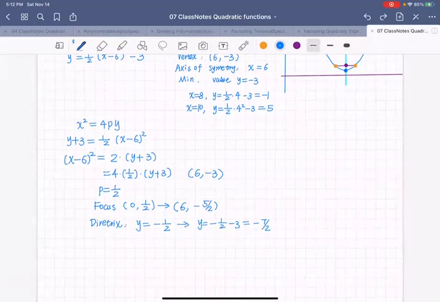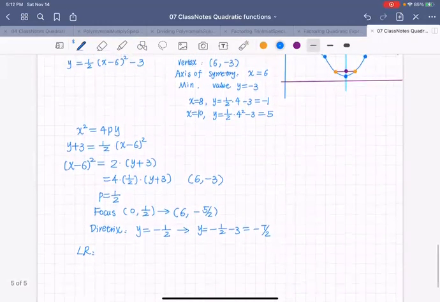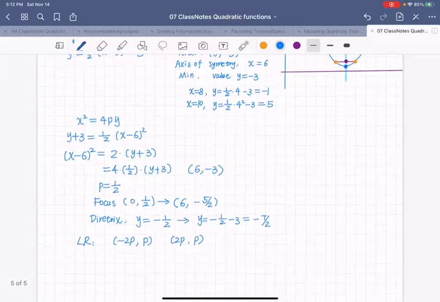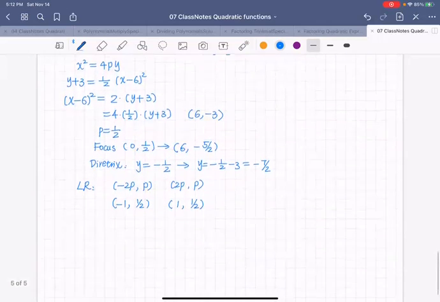Latus rectum, you can simplify it as LR. The left one used to be negative 2p and p, and then 2p and p. Negative 2p gives you negative 1, and 2p gives you 1, with p at 1/2. And then you do the shift.